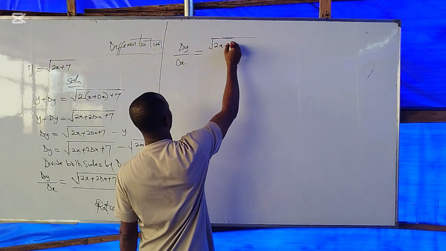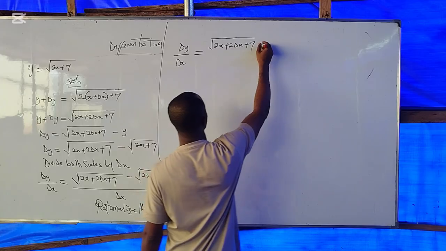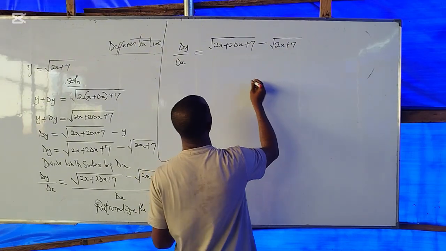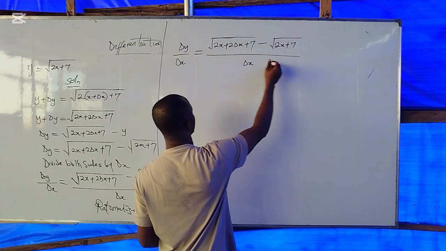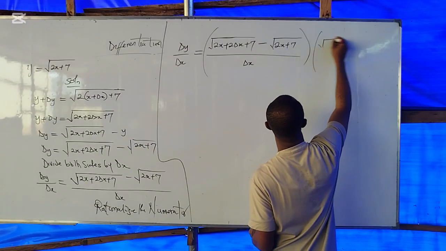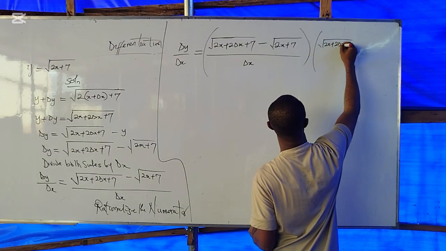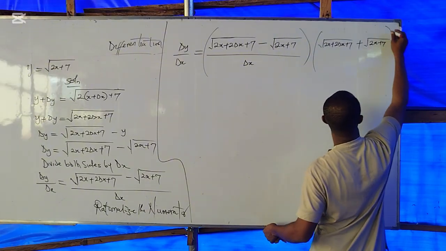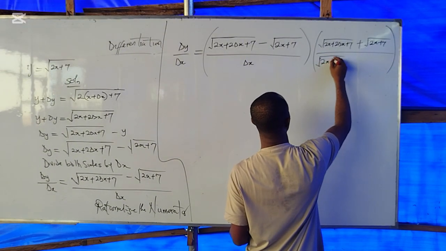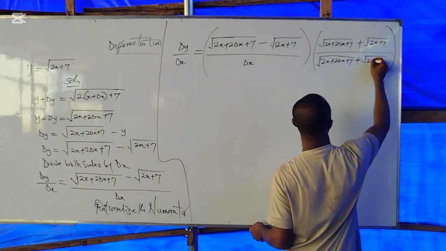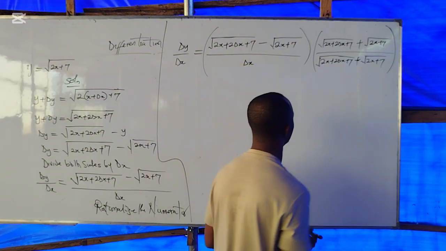So that this will give us square root of 2x plus 2 delta x plus 7 minus square root of 2x plus 7, divided by delta x, all multiplied by the reverse sign, which is square root of 2x plus 2 delta x plus 7 plus root 2x plus 7, all divided by square root of 2x plus 2 delta x plus 7 plus square root of 2x plus 7, right? Okay.